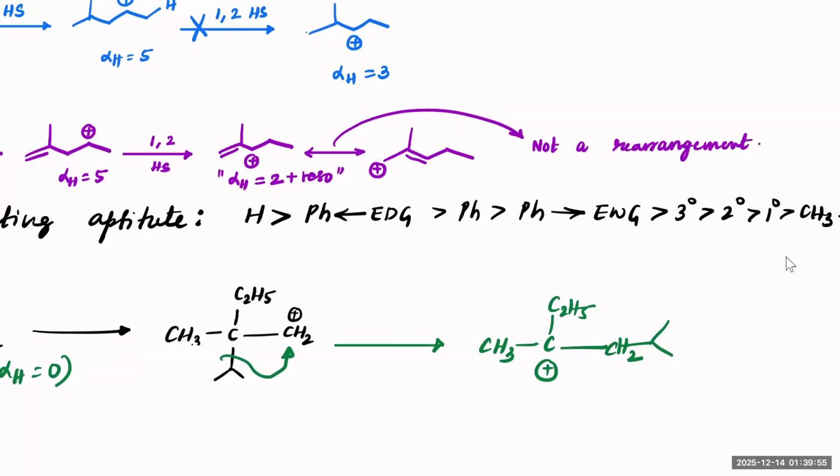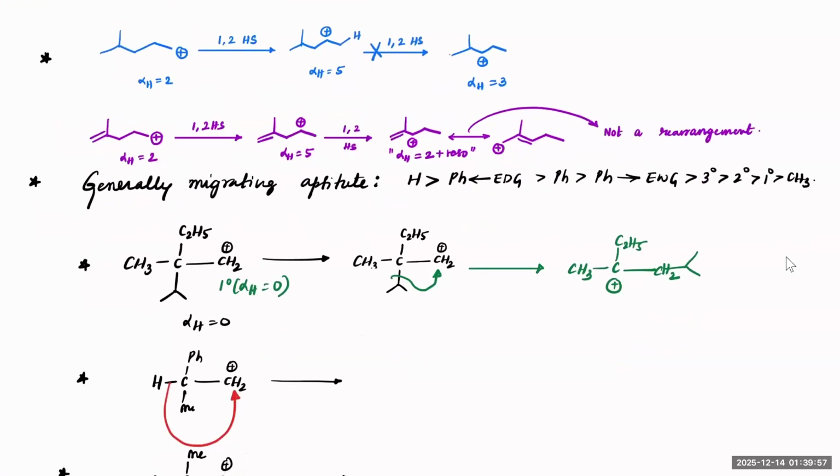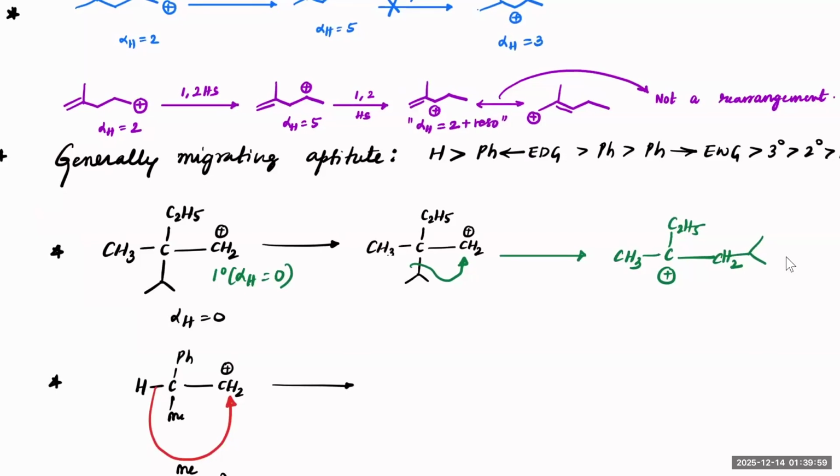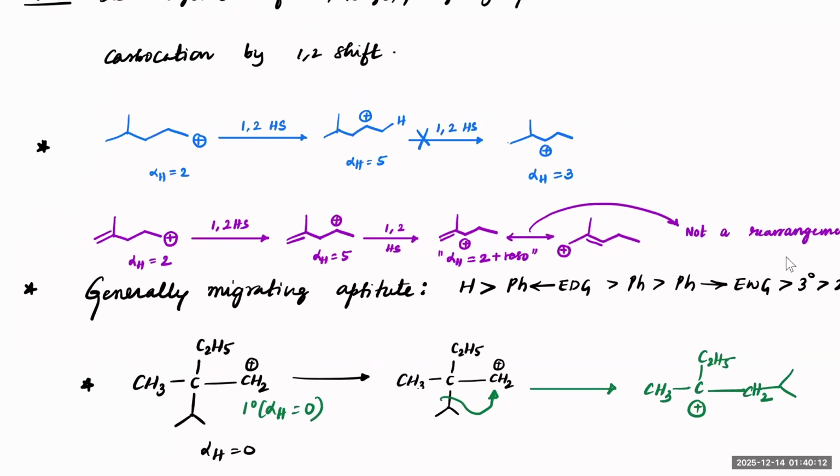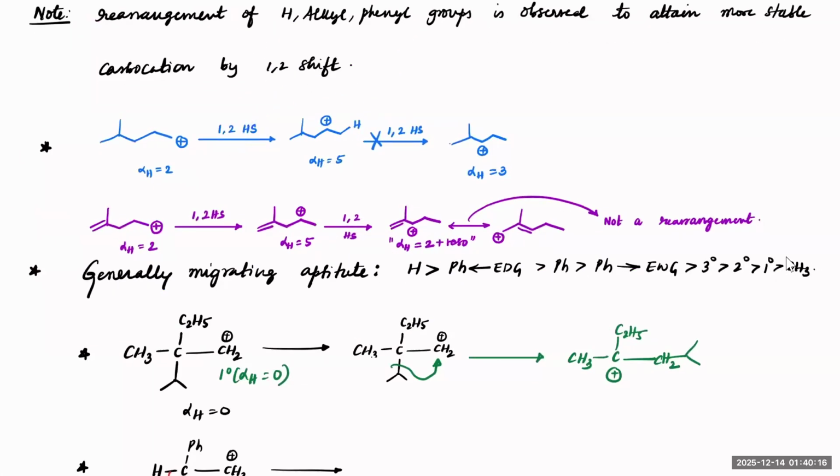We are showing that there is a movement of pi bonds, but that is not rearrangement. So if the question is asked how many rearrangement steps you had done in this case, it is 1 and 2. So 2 rearrangement steps have taken place. In the earlier case, how many rearrangement steps? Only 1. Everybody, is this clear? How to think about carbocation rearrangement?